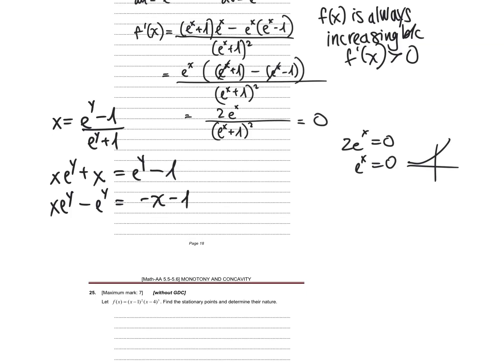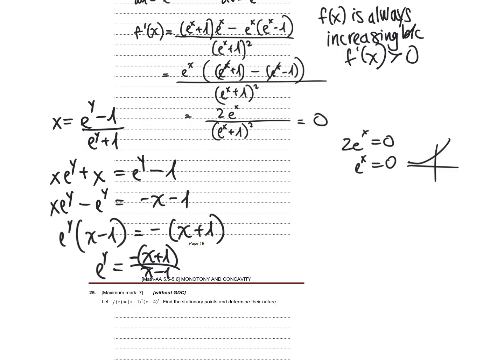And I'll factor out e to the y, so e to the y and then x minus 1. Then we'll have e to the y equals negative x plus 1 over x minus 1. And if we write it logarithmically, we're going to have log base e of negative x plus 1 over x minus 1 equals y, so the inverse. Okay?